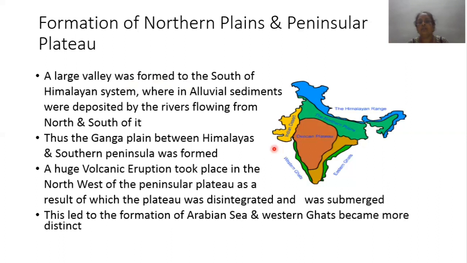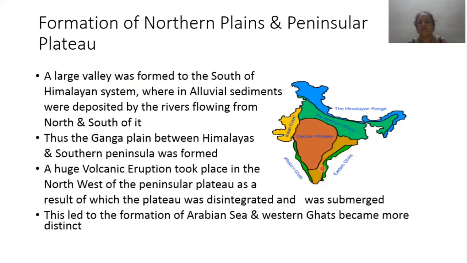In the northern plains, we can see that the Ganga, Yamuna and Brahmaputra are flowing through the northern plains, and their alluvial deposits are found in the plains. And we can find in the west and eastern parts of India the Ghats: the Western Ghats in the western part of India and the Eastern Ghats in the eastern part of India.